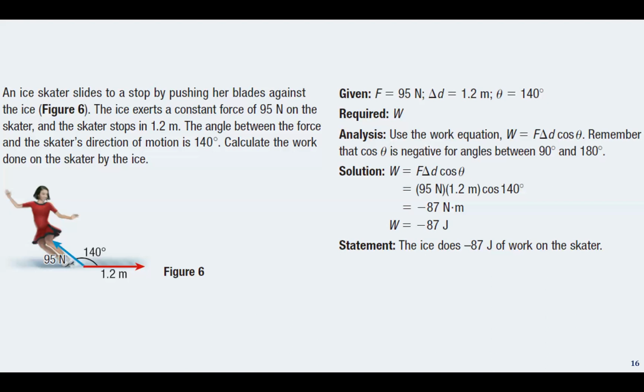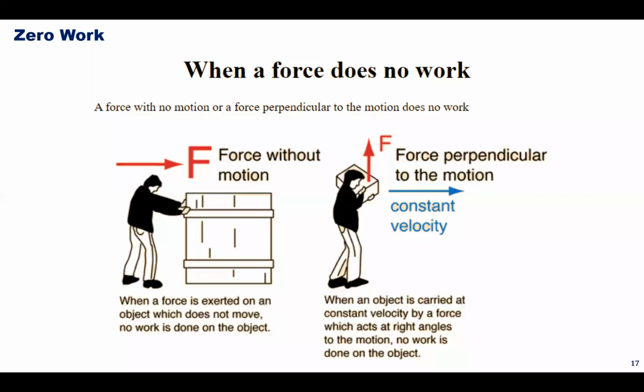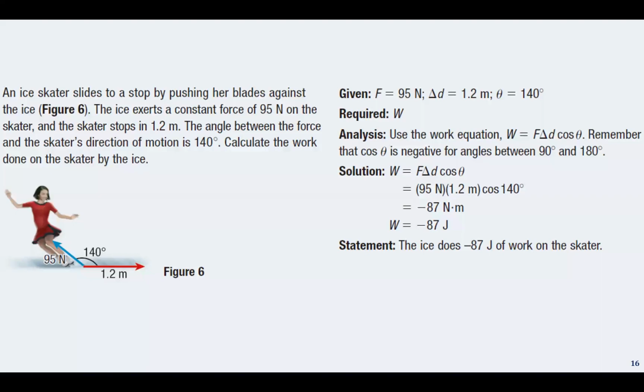Okay, so if you don't have any questions, let's consider a special case when the situation involves an applied force in which zero work is done. When the direction of an object's displacement is exactly 90 degrees to the applied force, the force does no work on the object. Look back at sample problem 3 in tutorial 1.